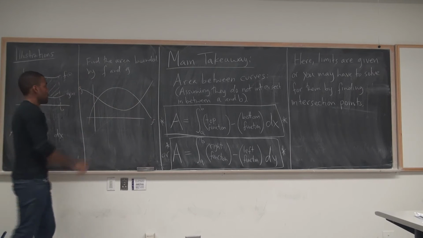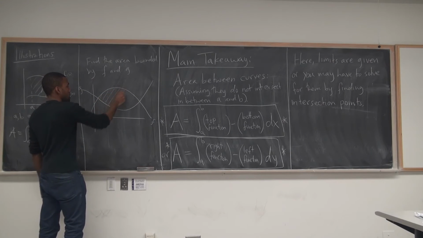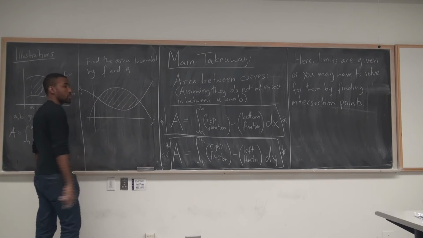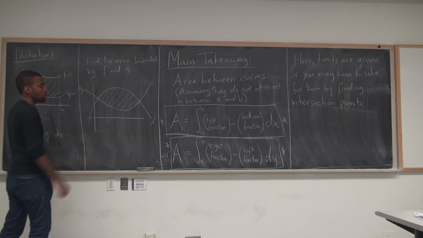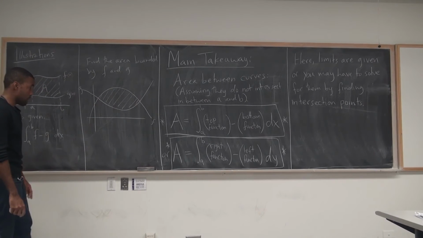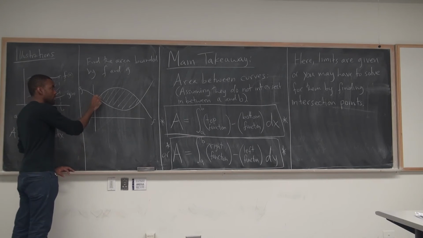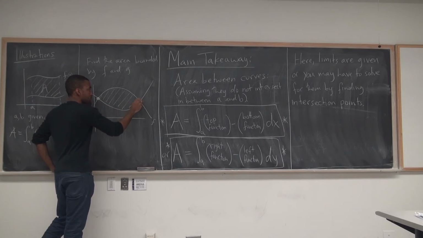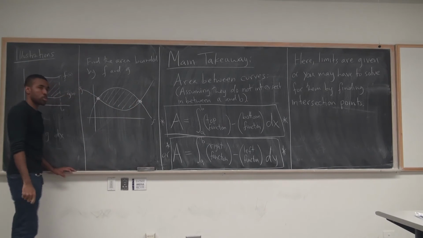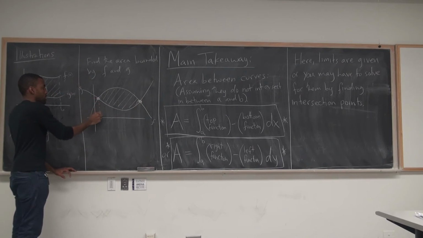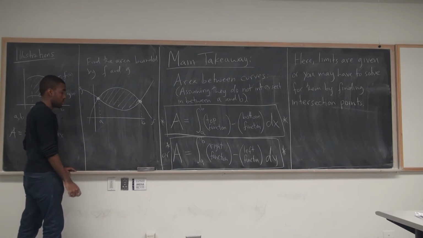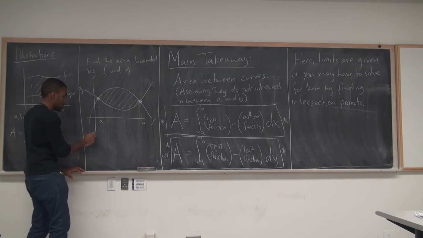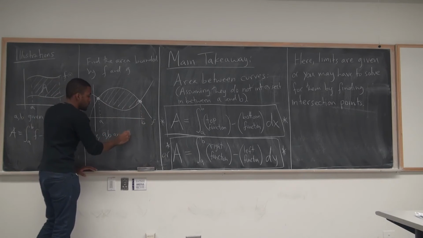Which means the area I'm looking for is going to be this area. That's the area that's bounded between these two functions. So what's going to happen is, I can locate these points. I can actually solve for those points myself and take that to be the A and this to be the B, right? So here, A, B are the intersection points.